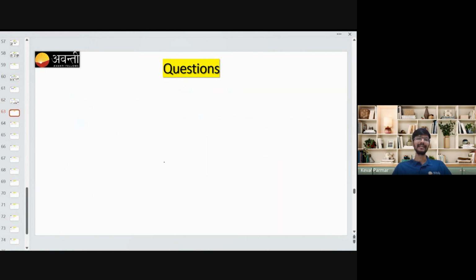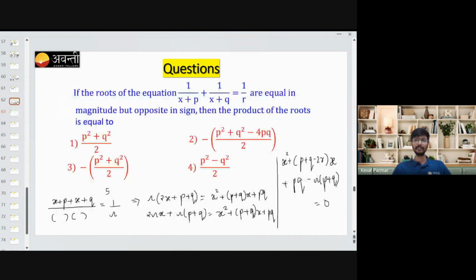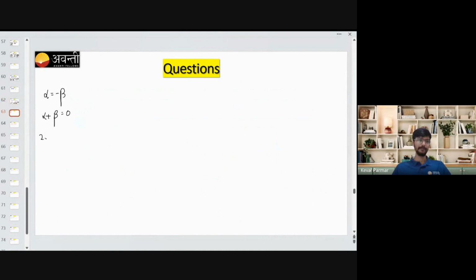Now, what have they given? That the roots are equal in magnitude but opposite in sign. That means alpha is minus beta. So what is alpha plus beta? It is 0. Alpha plus beta is the sum of the roots, which is minus b by a. So 2r minus p minus q equals 0. So we got 2r is equal to p plus q.